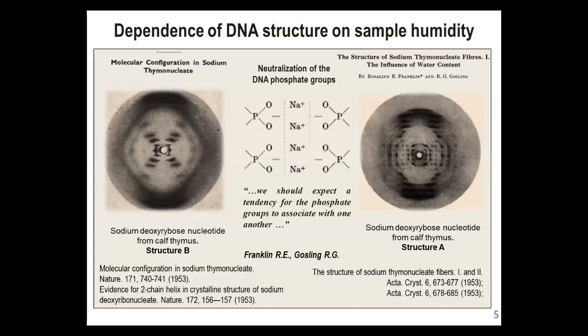Here you can see each phosphate group is negatively charged, and to make the system neutral, she suggested that ions should be added to the phosphate groups and neutralize them in such a way. So we will return back to this scheme for another problem.